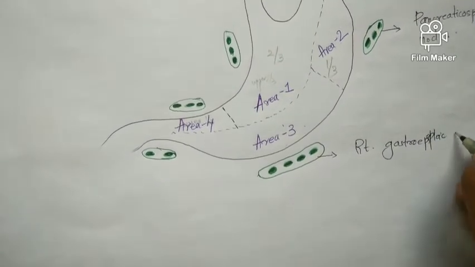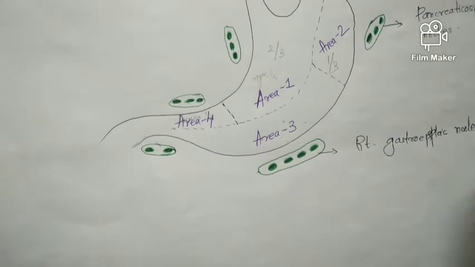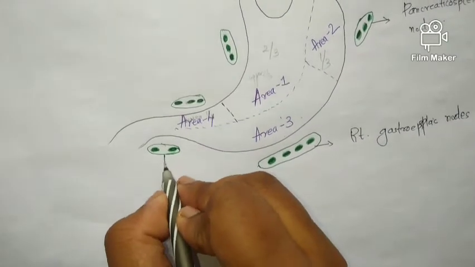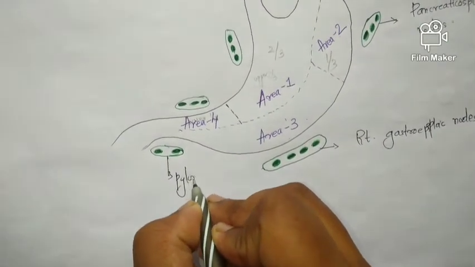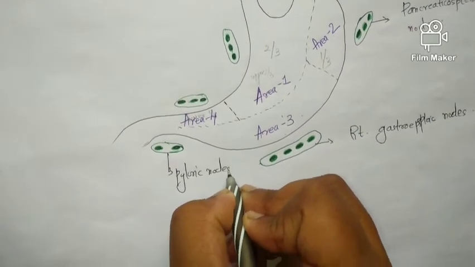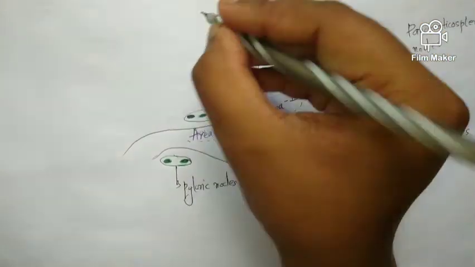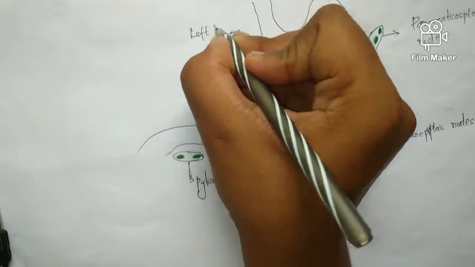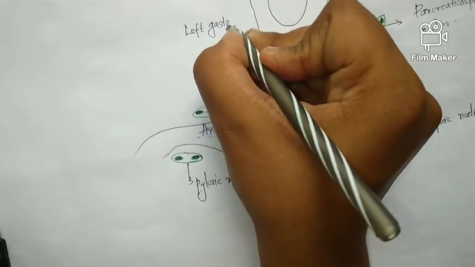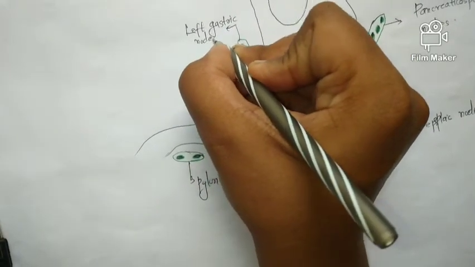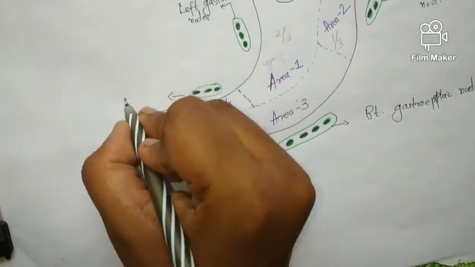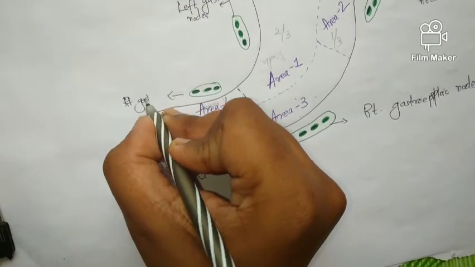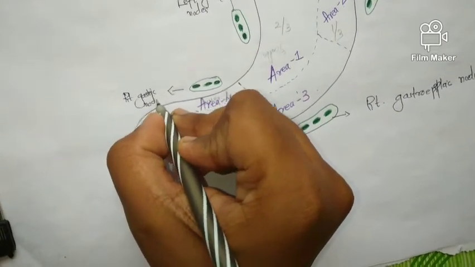Here we have the pyloric nodes and here we have the left gastric nodes. Here we can see the right gastric nodes.